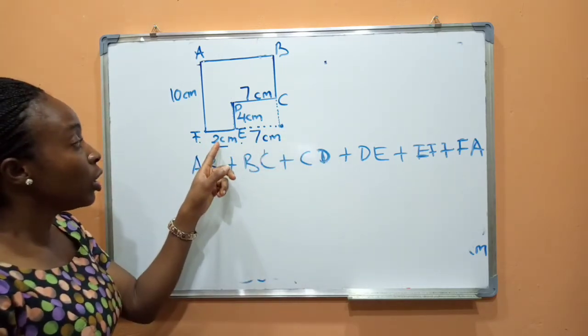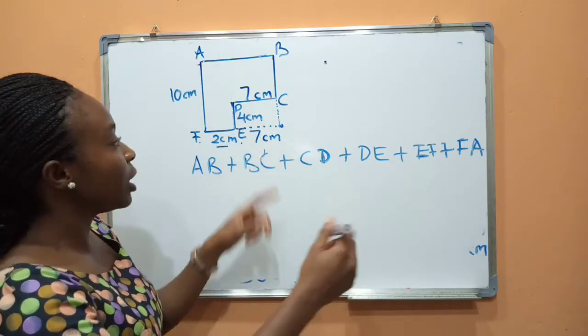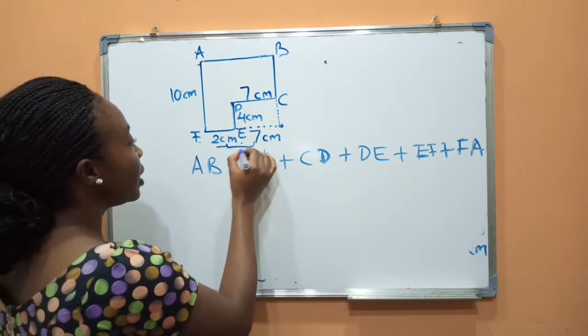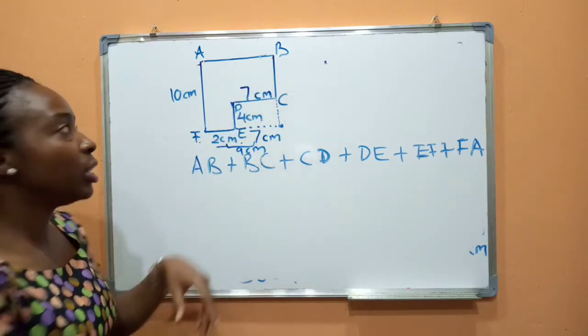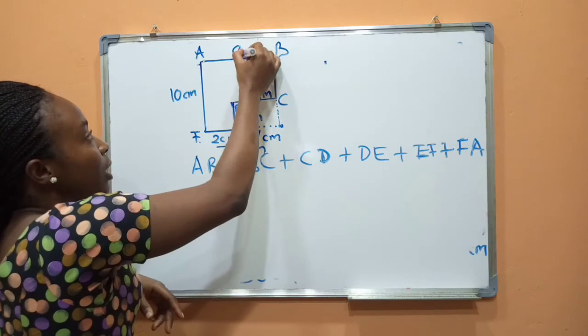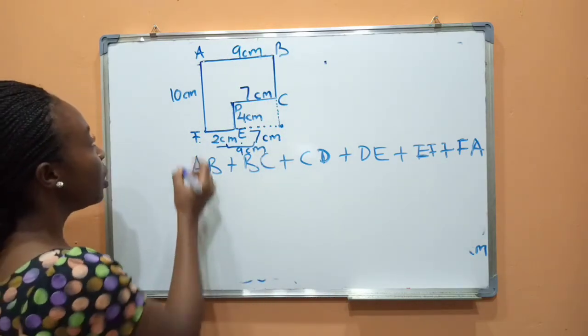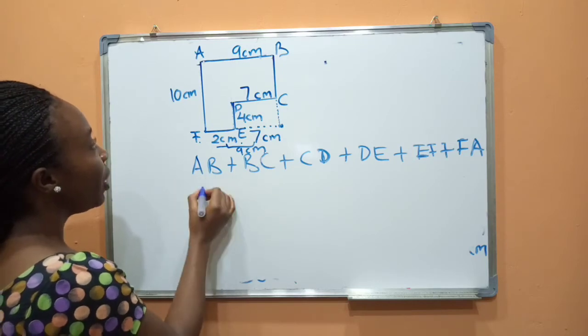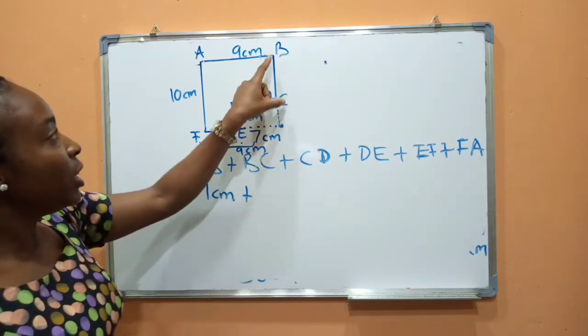We are going to do 2 centimeters plus 7 centimeters gives us 9 centimeters. So if this place is 9 centimeters, that means AB is equal to what? 9 centimeters. Opposite sides are what? Equal. So we have AB as 9 centimeters plus what is BC?